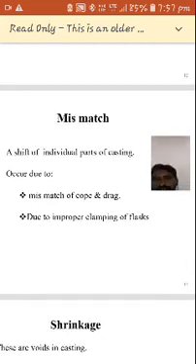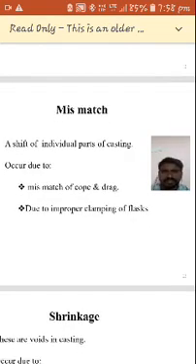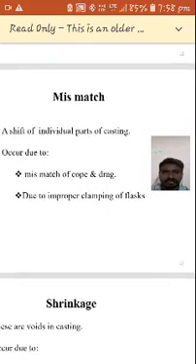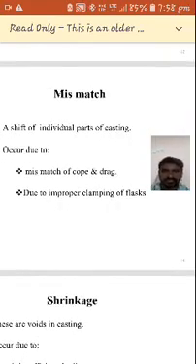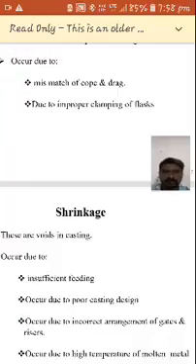If done improperly, the mismatch will occur. So a shift of individual parts of castings is due to mismatch of cope and drag and improper clamping of flasks. That is about the mismatch.